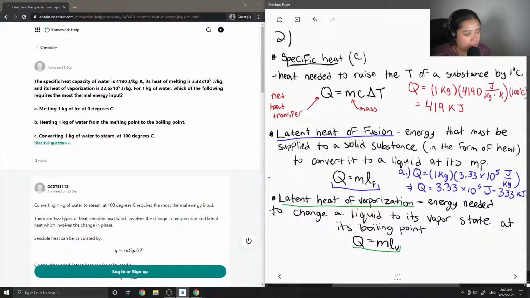And then lastly, converting 1 kilogram of water to steam. Q is equal to 1 kilogram times the heat of vaporization, which is 22.6 times 10 to the 5 joules per kilogram.